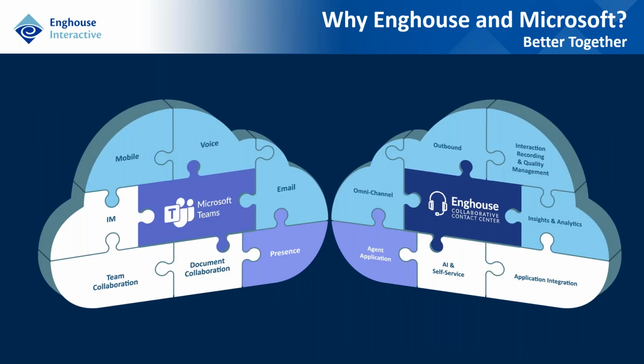If we take a look at where Microsoft sits in the marketplace, they're really covering the back office user solution with voice, presence, collaboration and emails. However, Microsoft don't currently offer a contact center for Teams. Therefore, third parties really have to fill that gap.